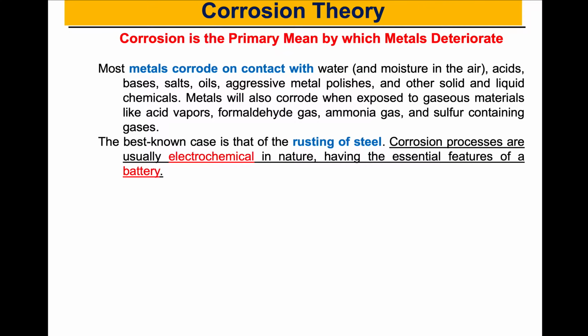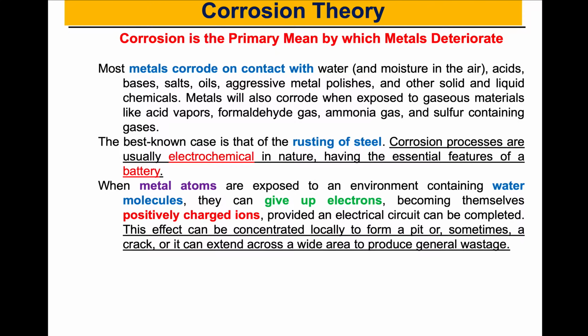So we want to keep in mind that corrosion is an electrochemical process. The electrical part comes from the fact that we have anodes, cathodes and electrons. And chemical, there should be a chemical reaction happening somewhere that results in corrosion.